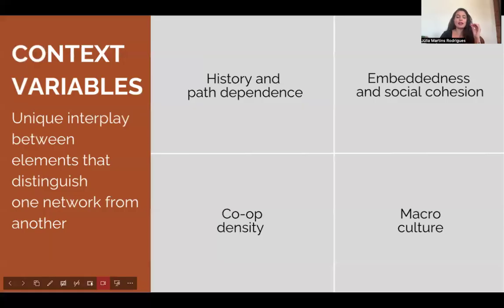So the health and sustainability of an ecosystem depend not only on the presence of its elements, but on how context variables influence the strength and resilience of these elements within the network. Context variables include history and path dependence, embeddedness and social cohesion, co-op density, and the macro culture.